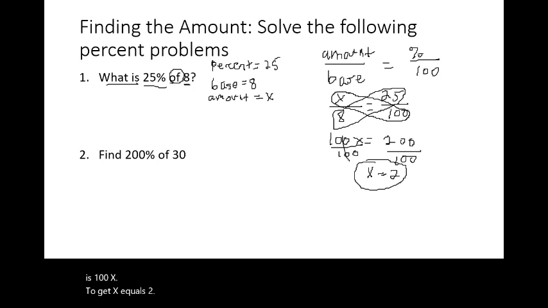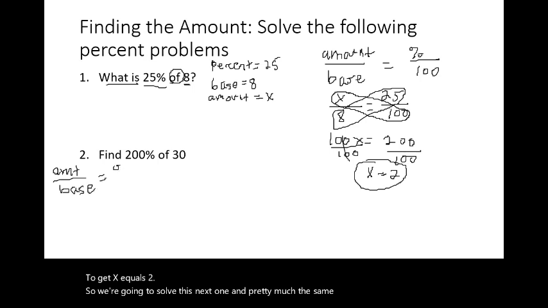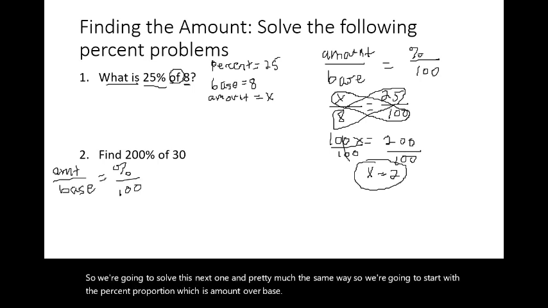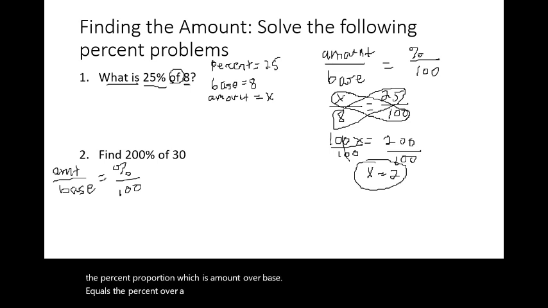So we're going to solve this next one in pretty much the same way. We're going to start with the percent proportion, which is amount over base equals the percent over 100. So find, otherwise known as what is, 200% of 30.